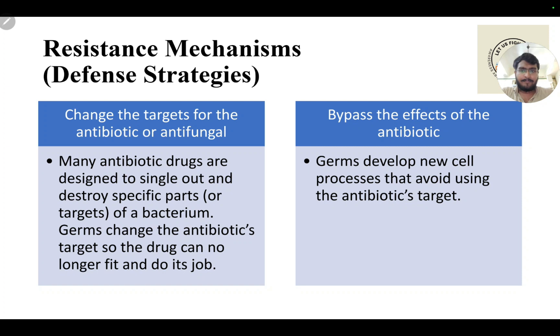And another way is to bypass the effect of the antibiotic, wherein if the antibiotic was targeting a cellular process, it was trying to stop the process of DNA replication, that is making copies of the DNA, or it was stopping the protein production process inside the cell.